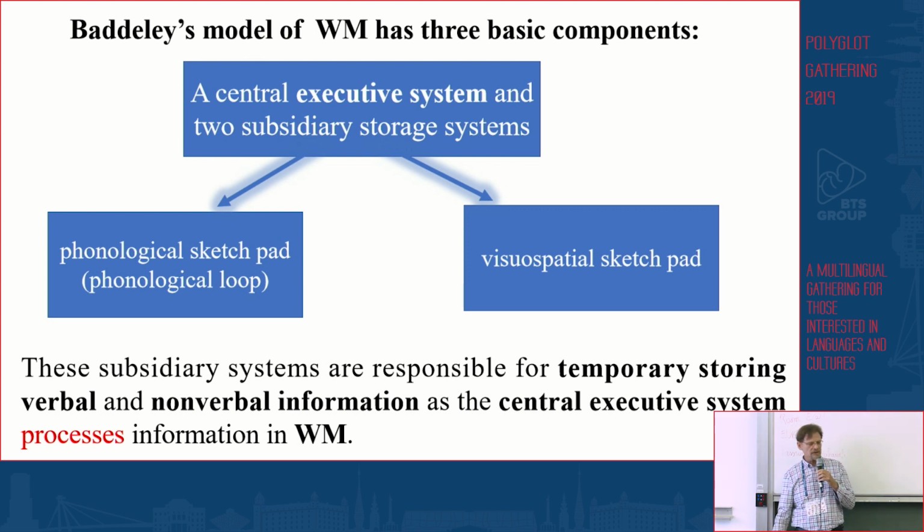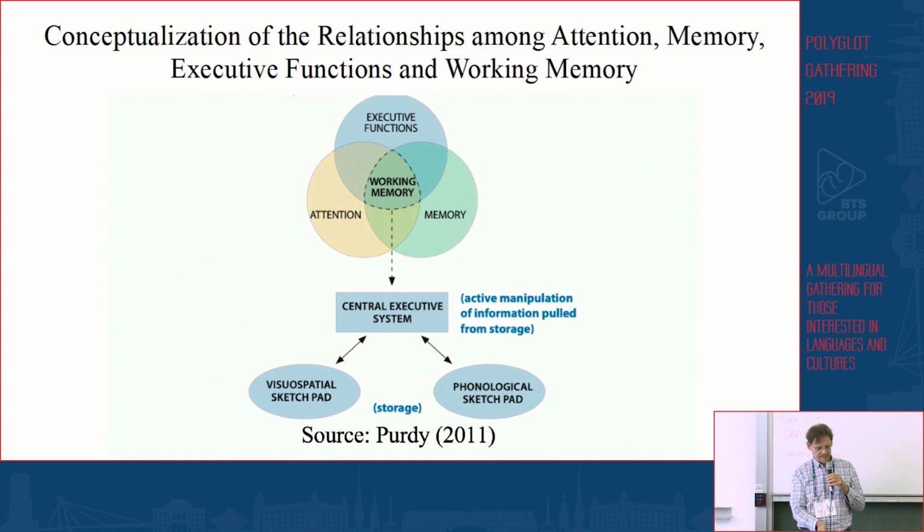Okay, here's one model of working memory with three basic components. You have that air traffic controller, the executive system, with two subsidiary storage systems. One is a phonological sketch pad or phonological loop, and the other is a visual sketch pad. They provide temporary storing of verbal and nonverbal information. Okay, here's another diagram.